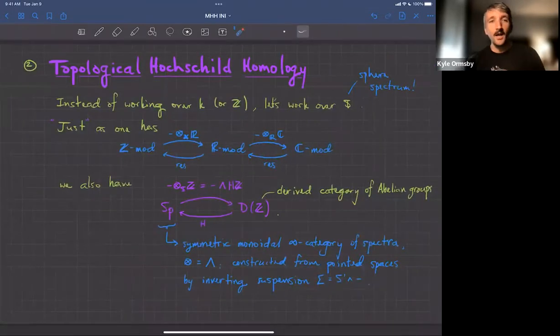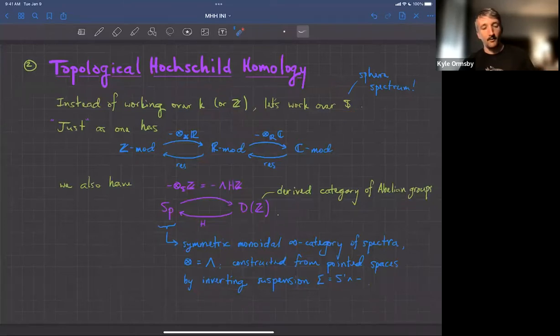What we want to do right now is pass to a deeper base, certainly a maneuver that many in the audience will be familiar with. Instead of working over a field, or maybe the integers, if we wanted to be more arithmetic, we can go down to the sphere spectrum.